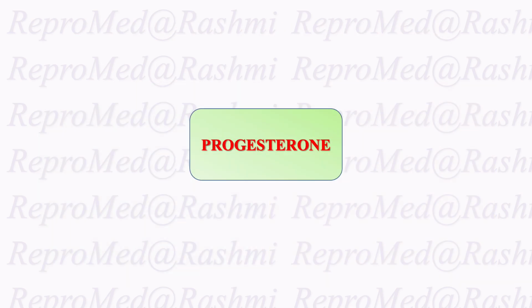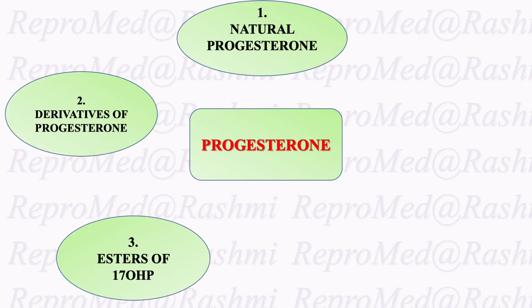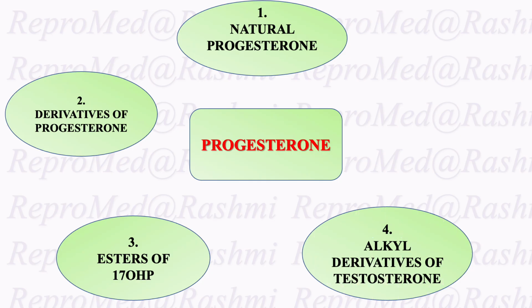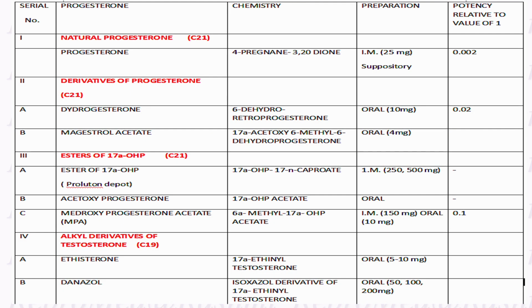Now, the types of progesterone. First is the natural progesterone, then derivatives of progesterone, esters of 17-hydroxyprogesterone, alkyl derivatives of testosterone, and alkyl derivatives of 19-nortestosterone. So the natural progesterone is the pregnanedione, and then the derivatives of progesterone like dydrogesterone and megestrol acetate are both available in oral preparations.